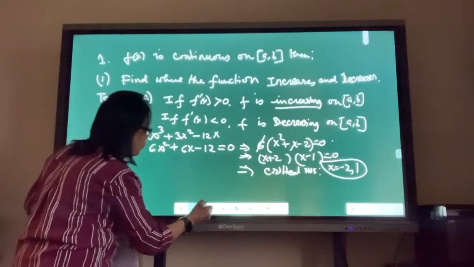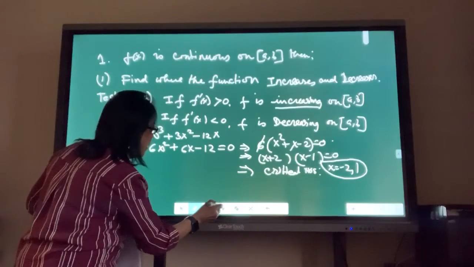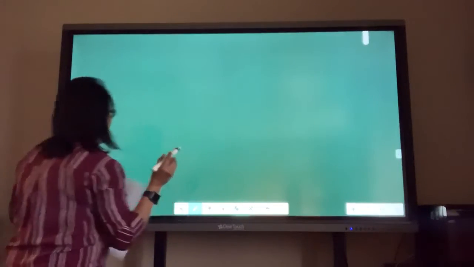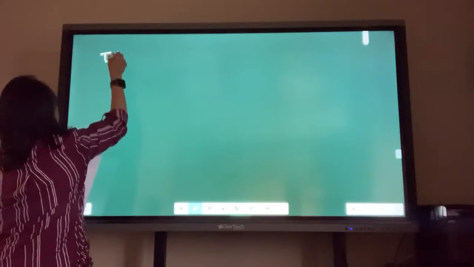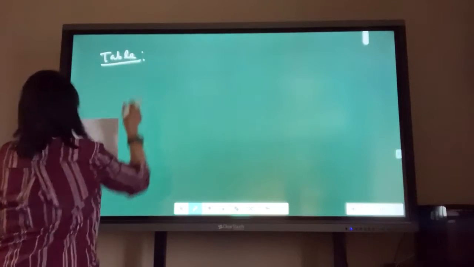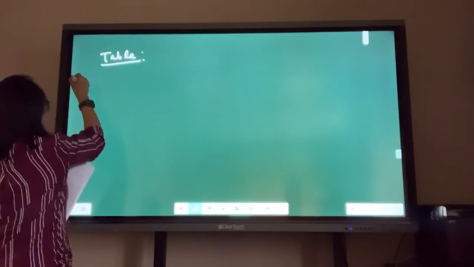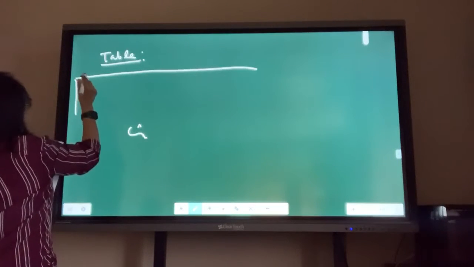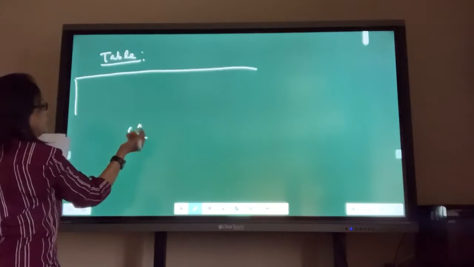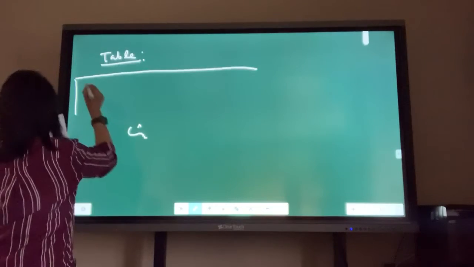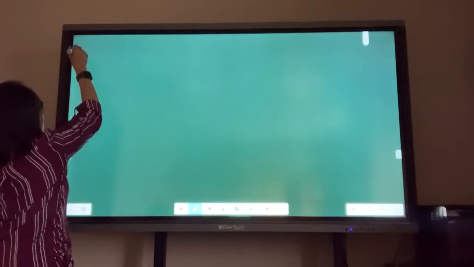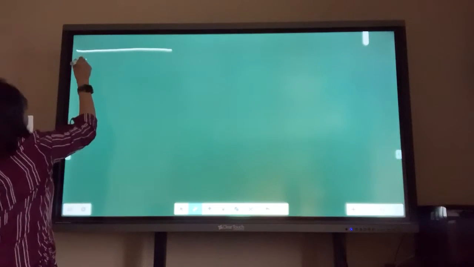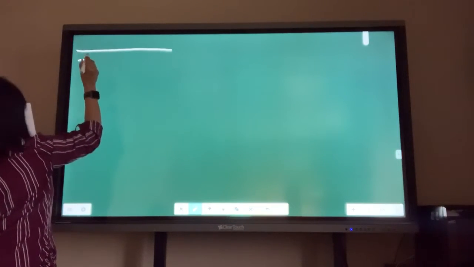Okay, so now I'm going to erase this part and start a table for this test. It's going to be a long table, but we will hang in there and do the best we can. Let's say interval. It's a sensitive board, so sometimes it messes up.